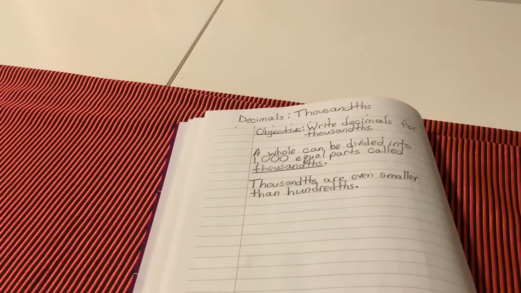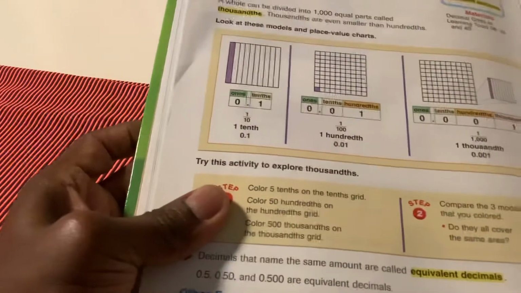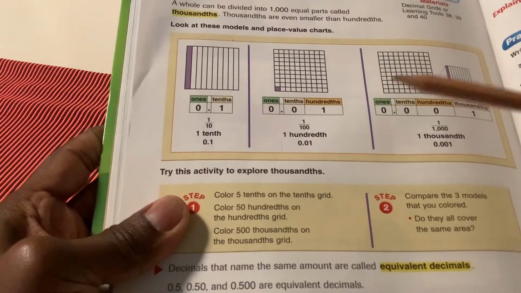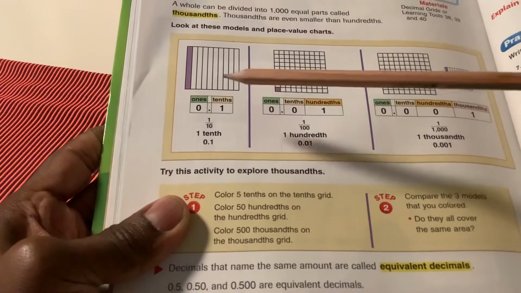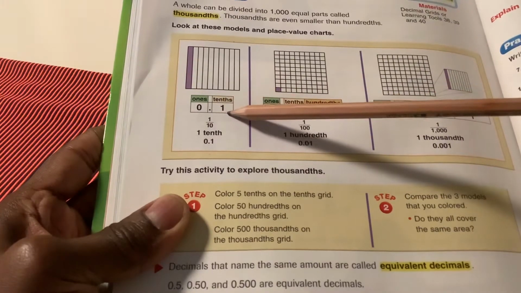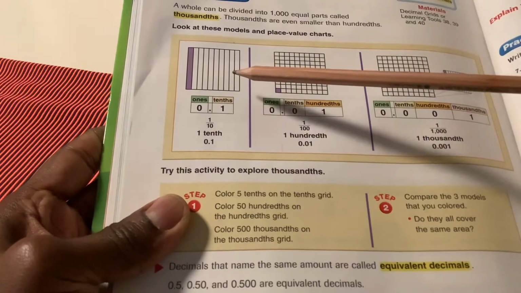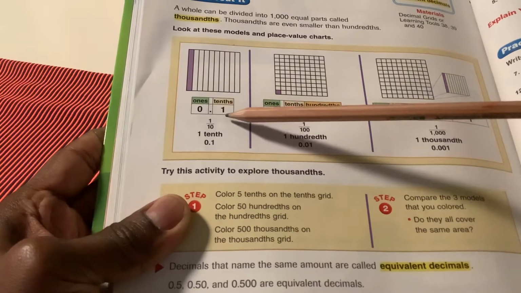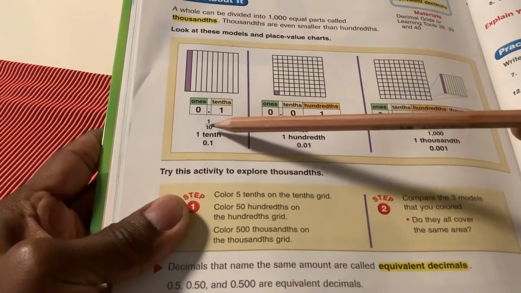Okay, let's take a look here in our textbook. We're working from pages 544 and 545. Let's look at the models here. These are our place value charts. You can see the ones column. Then here's the decimal point, and here's the tenths column. So this decimal is 0.1. As a fraction, it's 1/10.